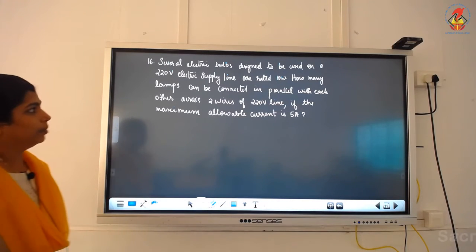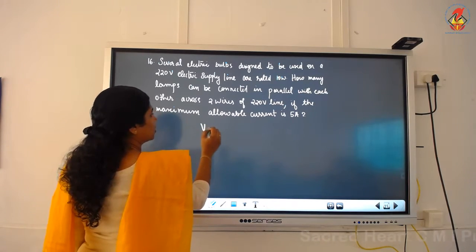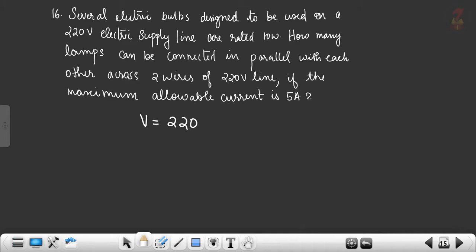So, potential difference is given as 220 volt. Current is given as 5 ampere.